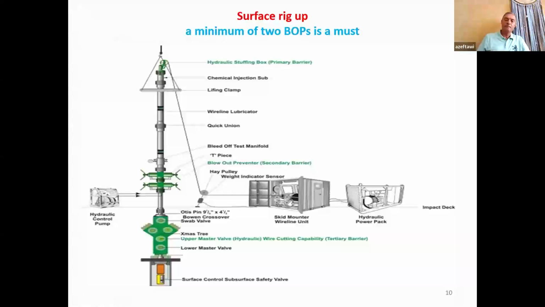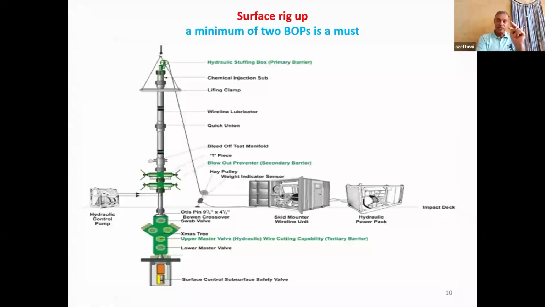In this rig up, our primary barrier, as we discussed in the first session we had together, is the stuffing box. If it fails, we will stop and then apply our secondary barrier, which is the BOP. But if you notice, it is two identical BOPs.